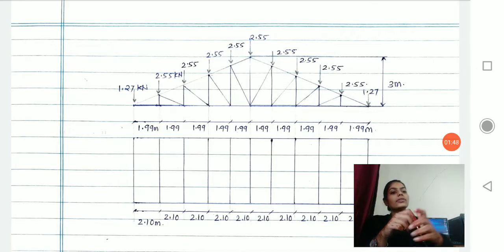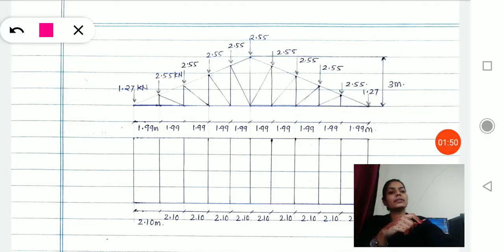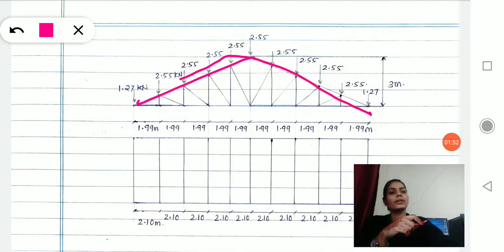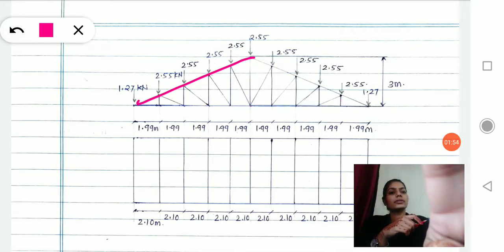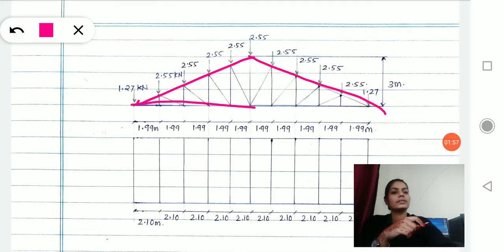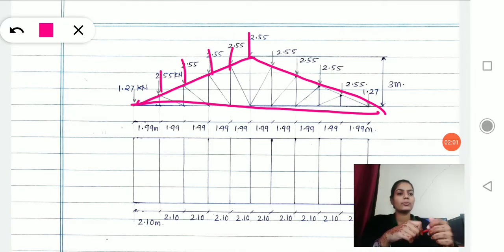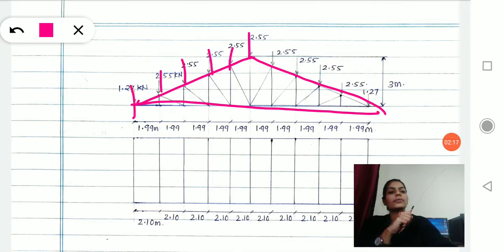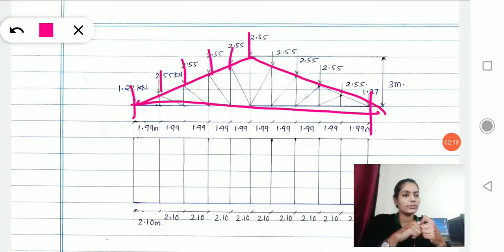Now see here on your screen you can see one truss placed. This truss has a point load on each panel of 2.55. Now this 2.55 changes at the end points, where we have 1.27 and 1.27 forces.